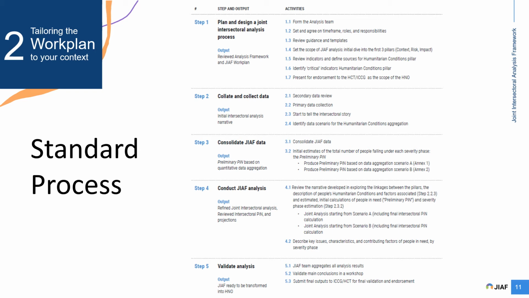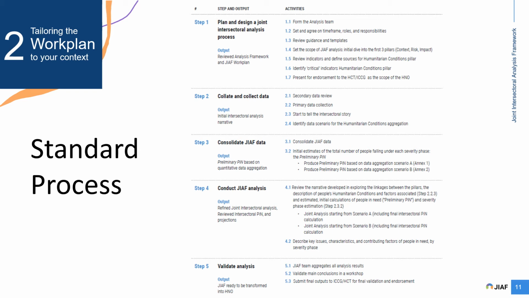Step 3 is then really to consolidate all the JIAF data and to come up with a preliminary PIN based on this data. And then step 4, this is where one conducts the actual JIAF analysis. The output there is a more refined joint intersectoral analysis narrative, a more refined intersectoral PIN, people in need figure, and projections looking ahead towards the planning horizon of this exercise.